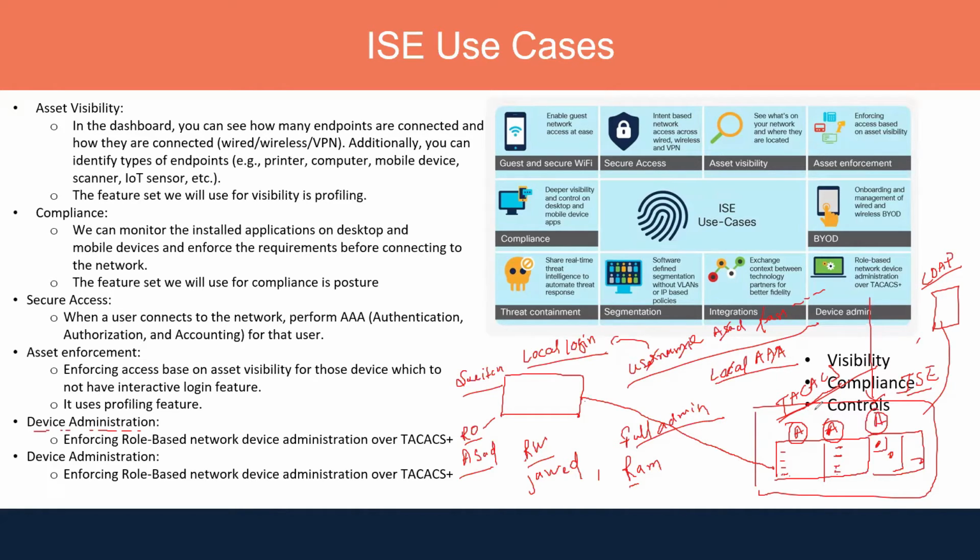Then the user gets authentication, but what commands they can run is defined in authorization. So there you can define what commands the user can run. On the ISE, you can set all those things. That means role-based network device administration, you can also control using ISE.